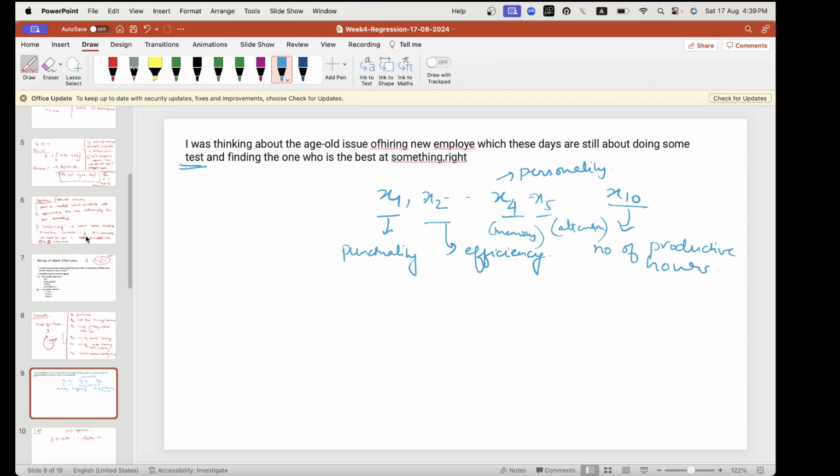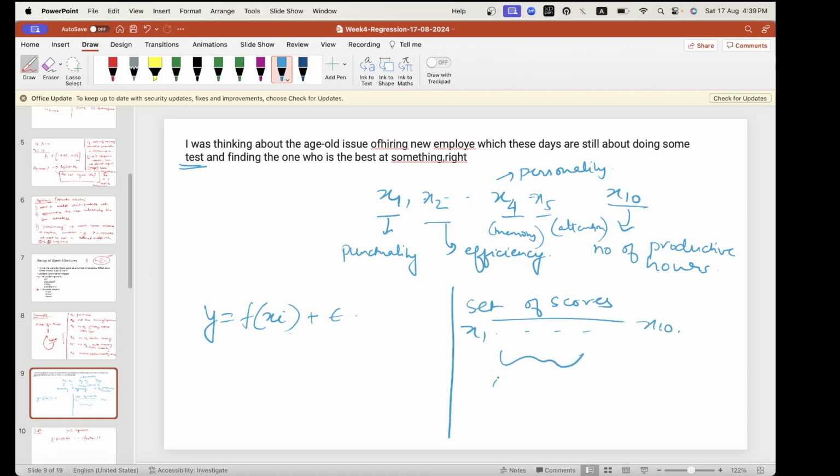All right, now this problem can be fit into a regression model such that the goal can be to find a subset, y equal to some f of xi plus epsilon, such that given a set of scores x1 to x10, based on a subset, you would be able to take a decision of whether to hire or not to hire.